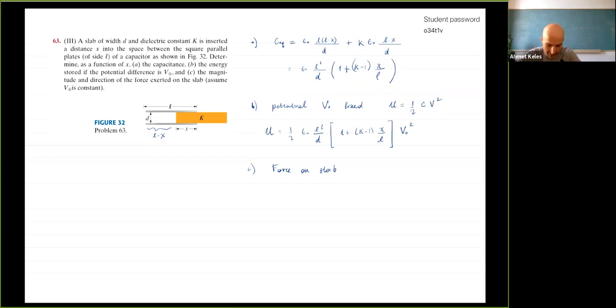So I would like to take you back to first semester. Given the potential U of x, how do you get force? Do you remember? For a given U of x, what is the force? Does anybody remember how to get the force from the potential?